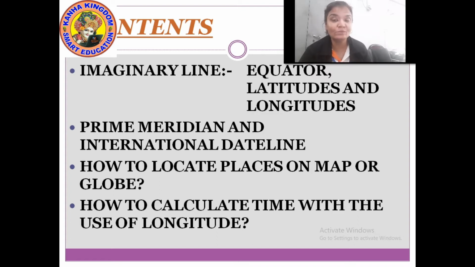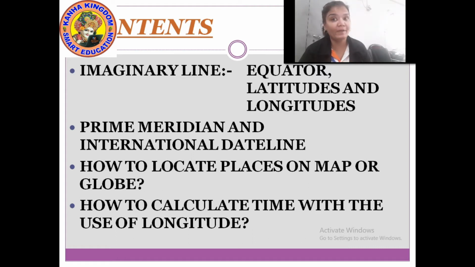Latitudes are 181 and longitudes are 360. Other name of latitudes? Parallels of latitude. And the other name of longitude is meridians of longitude. We have discussed everything. Okay.